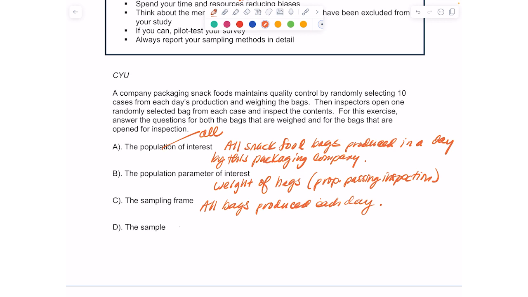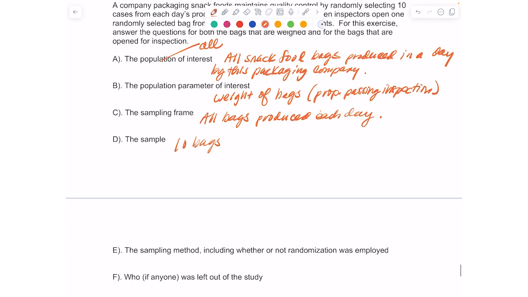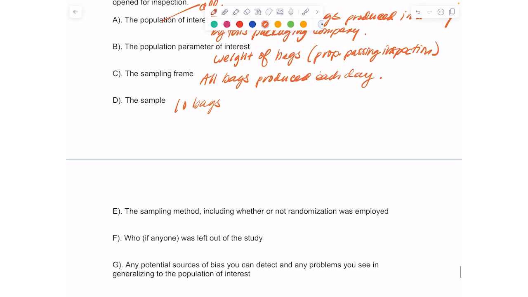Because they're randomly choosing the 10 cases, and then from each case they're picking a random bag. What about the sampling method? So what method are they doing here? Pretty much, I would think it's a random selection of the 10 cases, so it's more multi-stage. Because it's a random selection of the 10 cases, and then they're picking a bag from each of the cases.